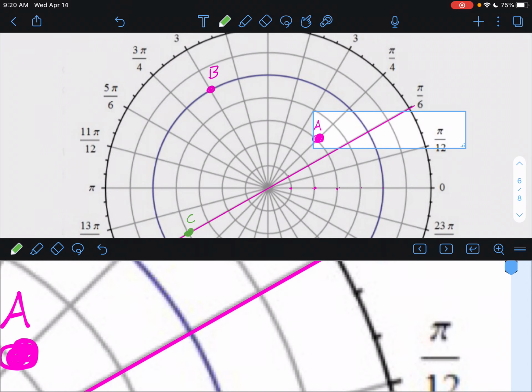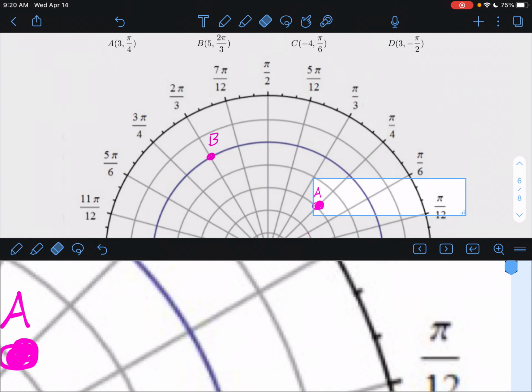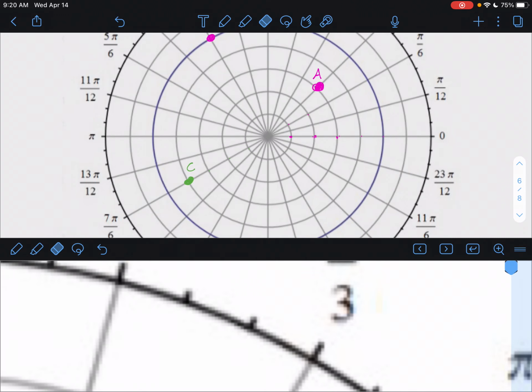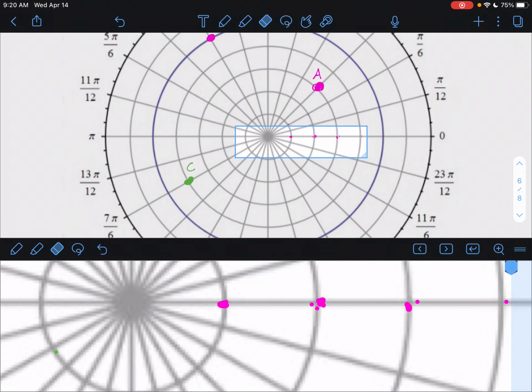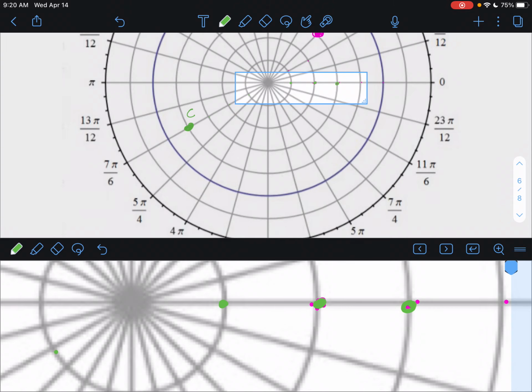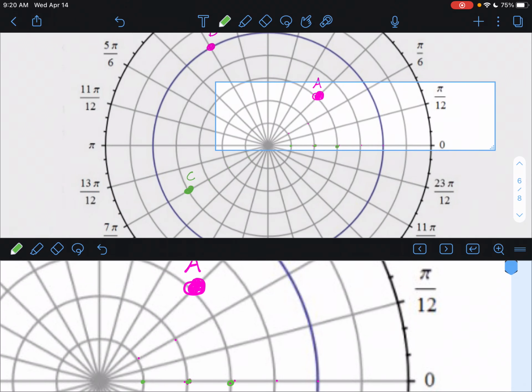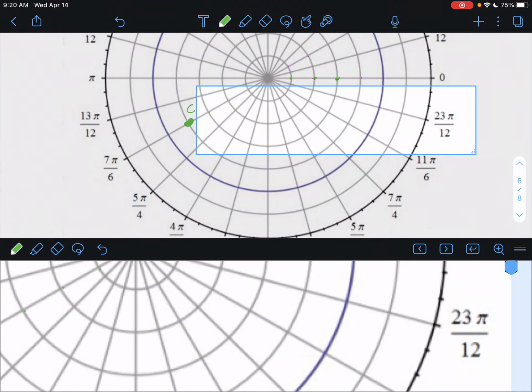And then I'll look at the last point, which is 3, negative pi over 2. So if I go out 3, so 1, 2, 3, and then I want to turn this negative pi over 2 radians. If I were to turn it pi over 2 radians, that's the same as turning it 90 degrees, remember from pre-calc.